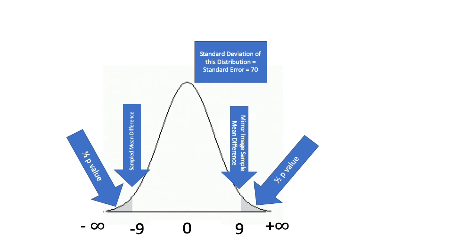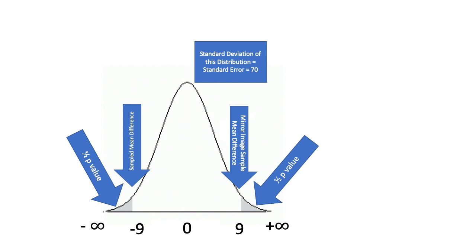Pretty much all your random sampling distributions of mean difference will look nearly identical to this. They are shaped like a normal curve. It's a bell, right? Bell-shaped. We remember that. The limits are negative infinity to positive infinity. The most commonly sampled mean difference, the height of the hump, is a mean difference of 0 because remember, if the null is true, there is no mean difference to be observed.